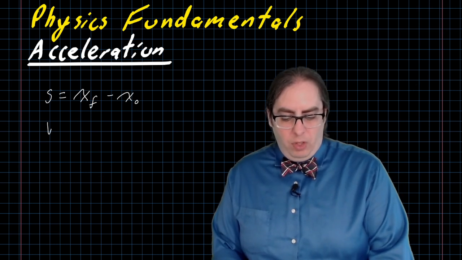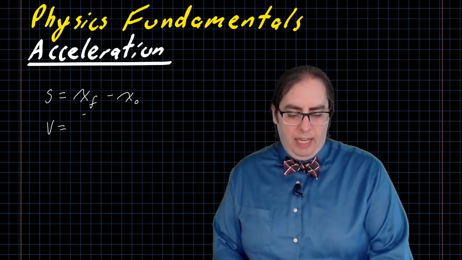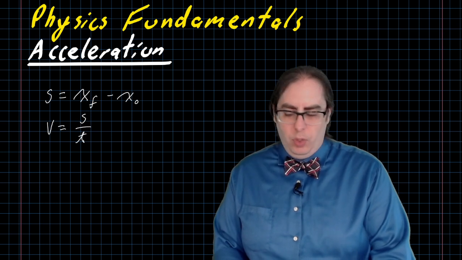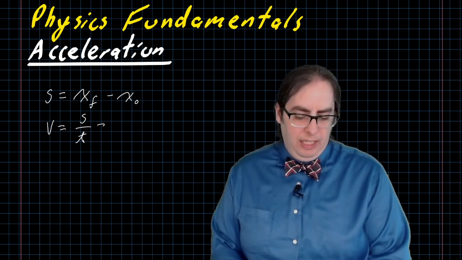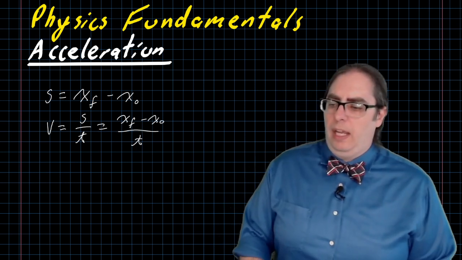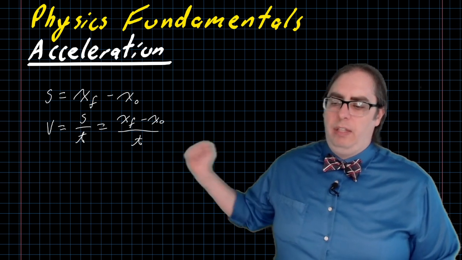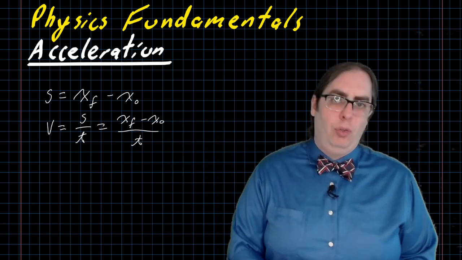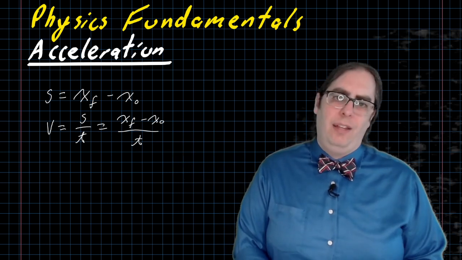And then the velocity we gave as s over t, or just substituting back in, that's xf minus x naught over t. And that version of the formula is honestly never useful, except as an analogy.